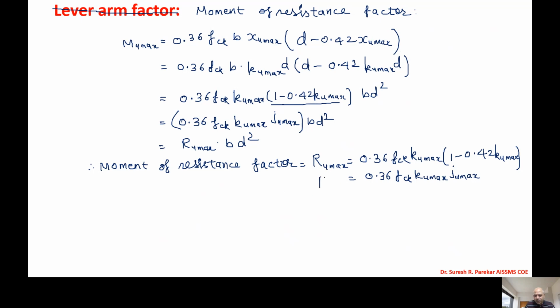So this is the formula for moment of resistance factor. So we have these three factors, and we should know the formula for three factors.